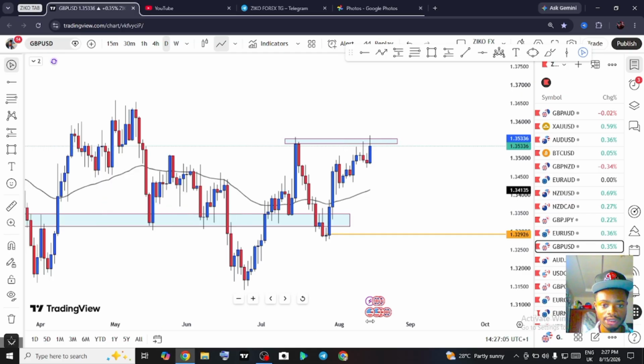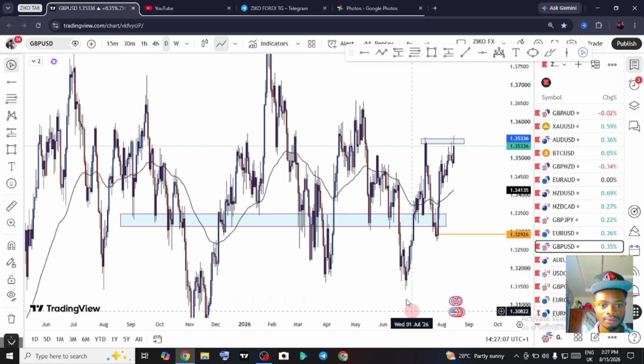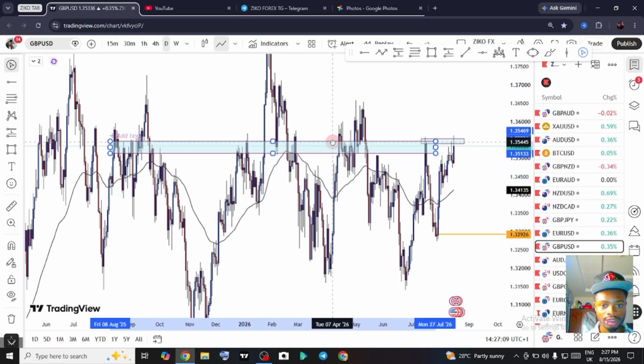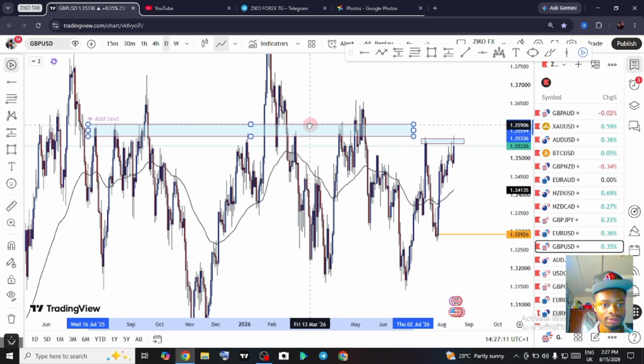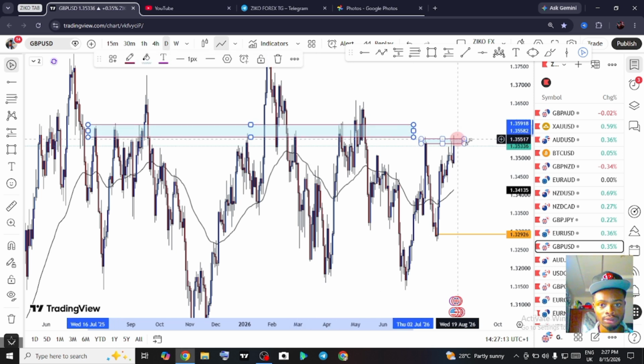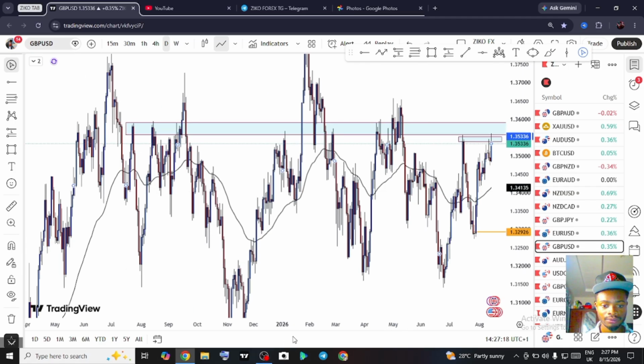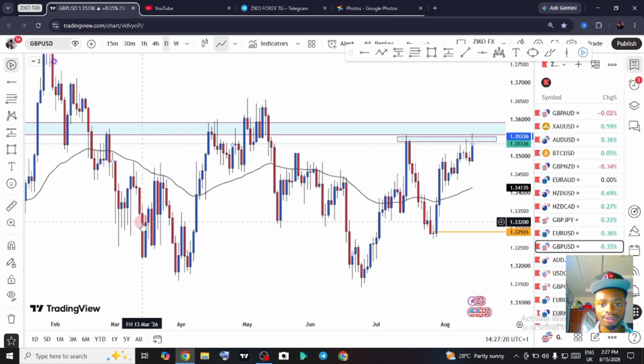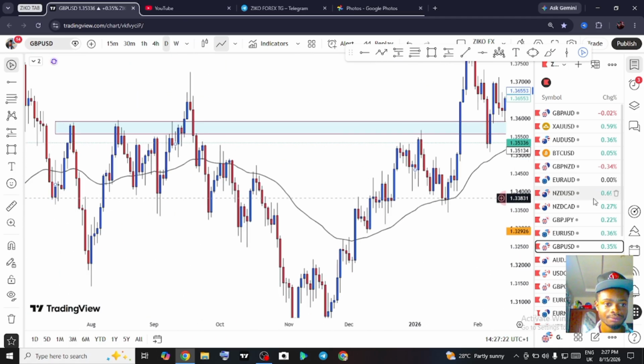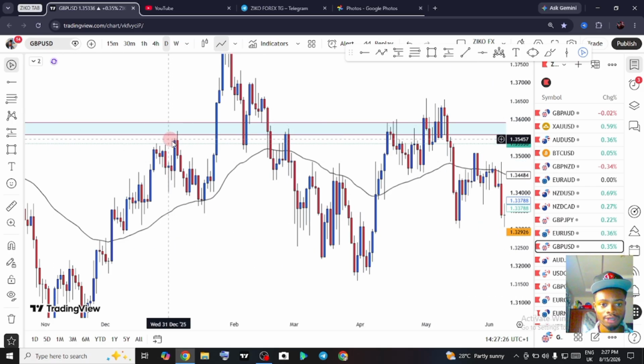So let's look for an area of interest if we can get one. Let's move this area to the top. All right, so this is the area of interest we can get. We have two clean rejections from here, another one right here, another one right here.